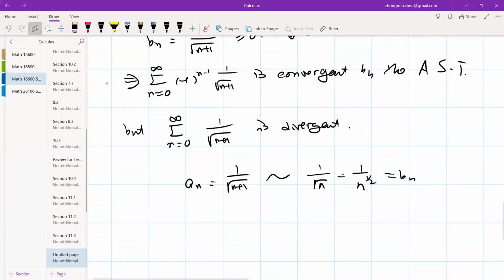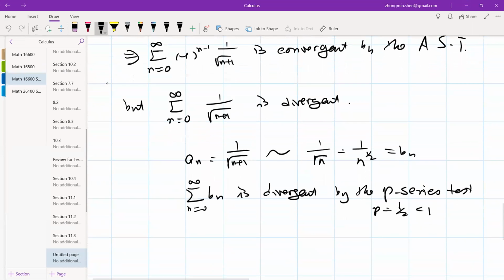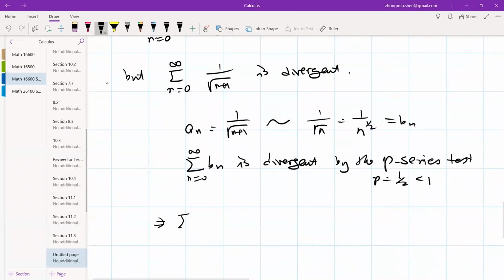First of all, you have to say that it's divergent by the P series test with P equals 1/2, which is less than 1. Then by the limit comparison test, the series is also divergent.